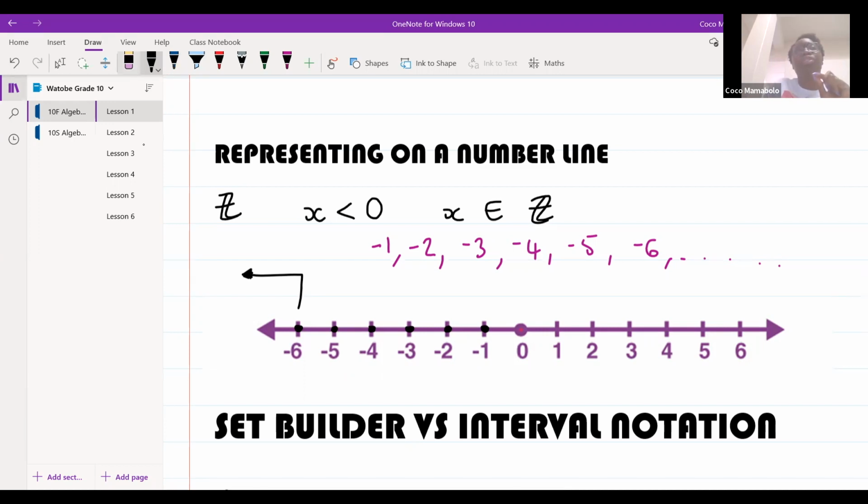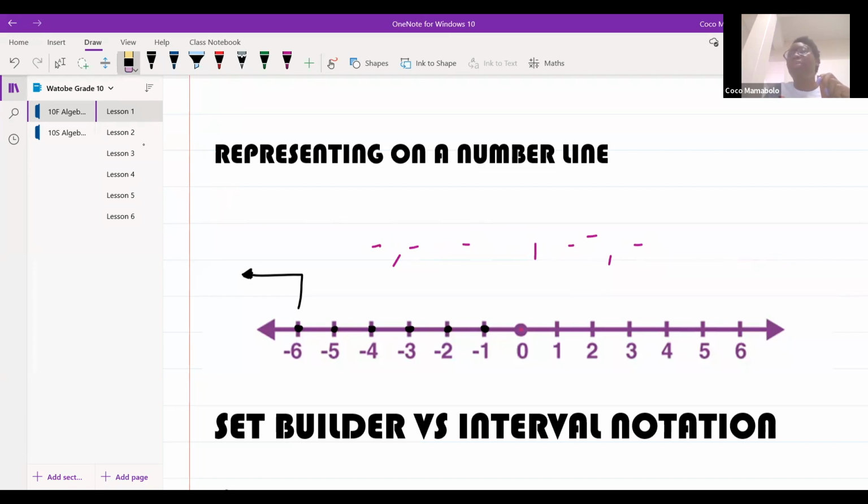Now, I want you guys to try one by yourselves. I want you to show me any arbitrary number. We're going to call this one A. Okay, and I'm going to make it a little bit easier. I'm going to say there's an arbitrary number A, and A is greater than -2, but it's smaller than, let's make it smaller than or equal to 5.